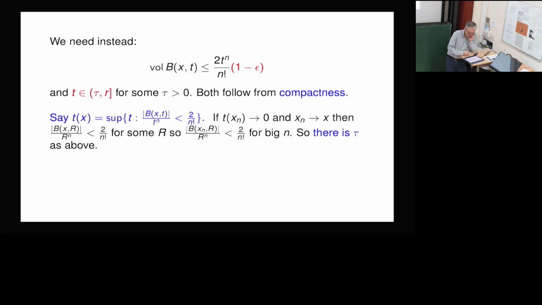But by compactness, I can pass to a subsequence, so xn I can assume converges to x. And then I have this for some fixed r, and this is strict inequality, right? While for B(xn), I had 2 over n factorial, but I had something very small, so maybe I'll draw the picture. This is something like what you do often with compactness.